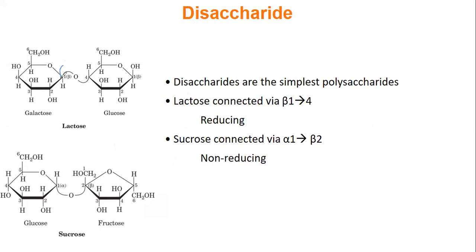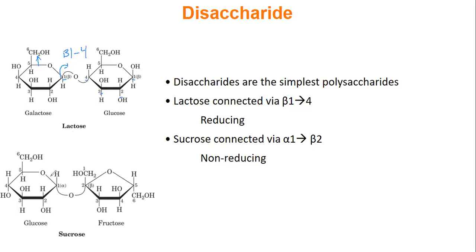So here we have our bond going up, CH2OH going up. So we call this bond beta. Then you say what carbon it's part of. So beta 1. And then you see what it's connected to. So carbon 1, 2, 3, 4. So this lactose, the glycosidic bond is beta 1, 4.